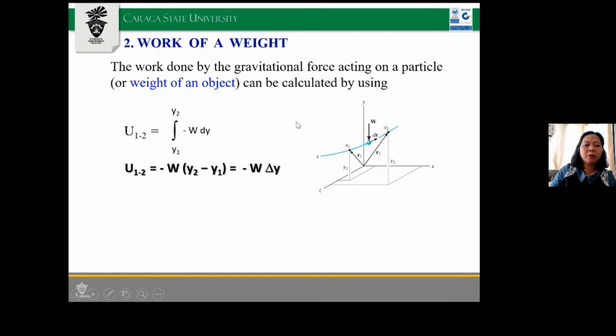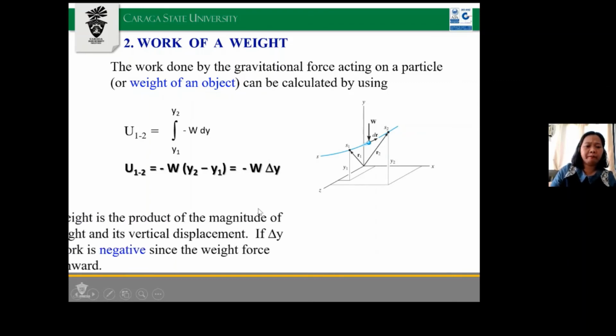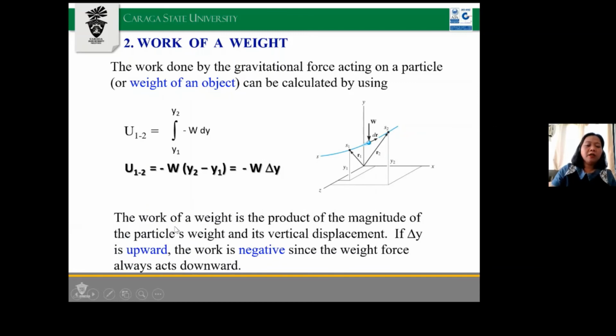So take note that the work done by the weight is negative the weight multiplied by delta y. So the work of the weight is the product of the magnitude of the particle's weight and its vertical displacement, delta y. If delta y is upward, the work is negative, since the weight force is always down.